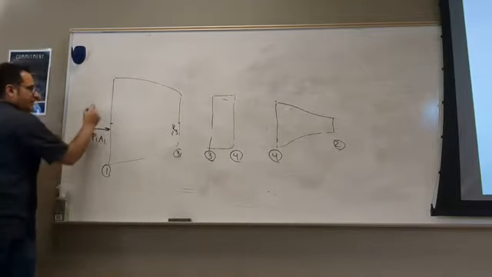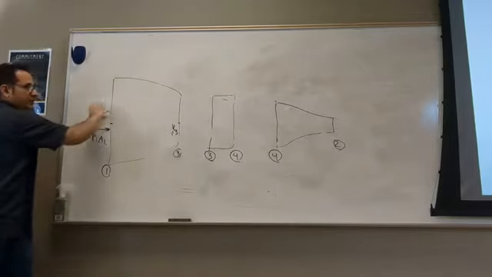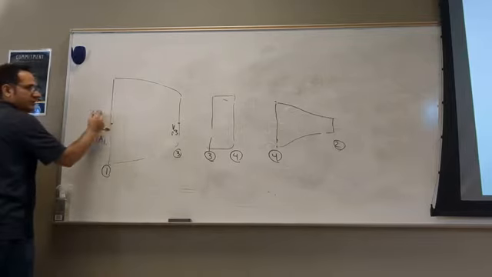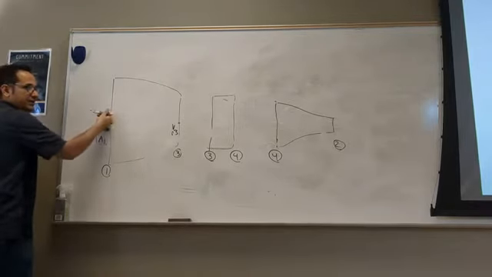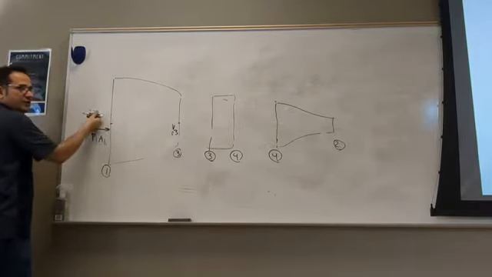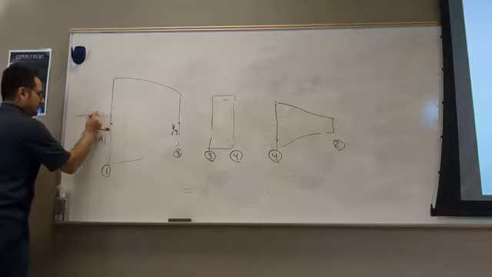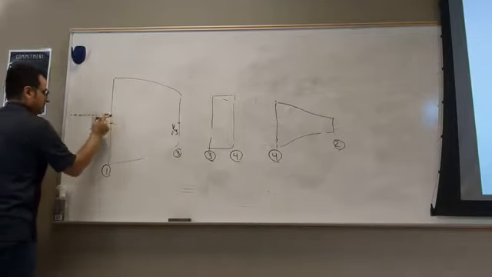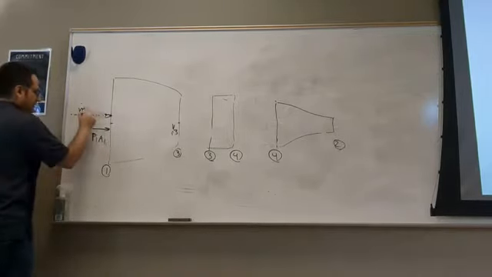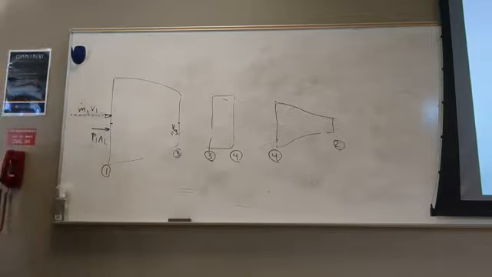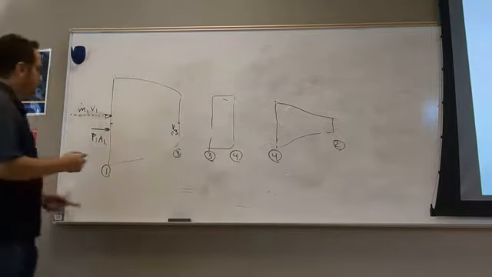What else do I have? The flow is coming in. What's the normal? This way. V dot N is negative, so this is the actual sign of the inertial term. You flip it opposite. So that's your M dot at 1, V1.